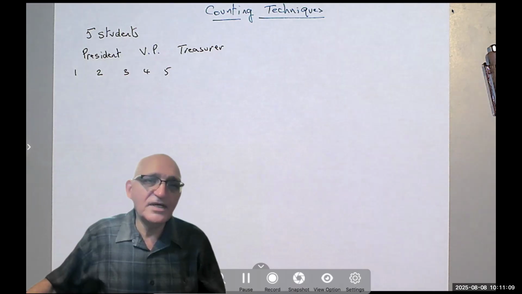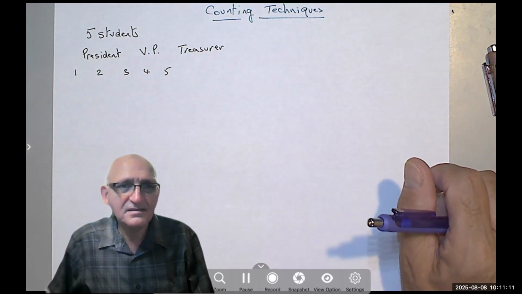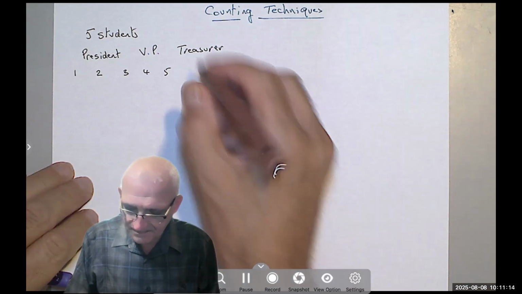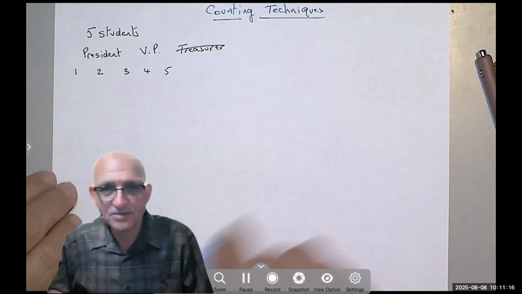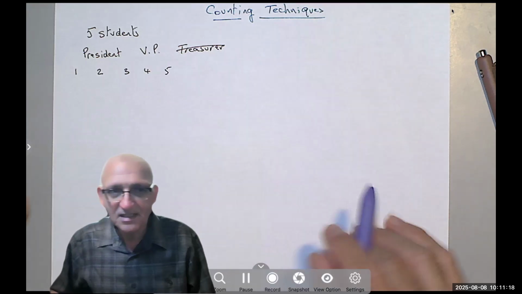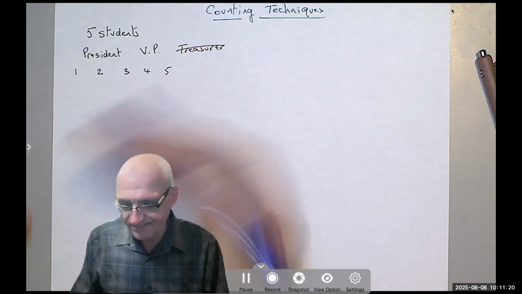Let's count how many ways. In fact, let's take away the treasurer, because the counting here, we'll do in the next step.